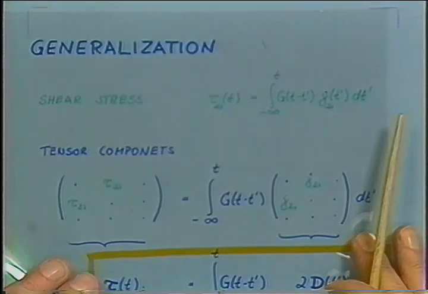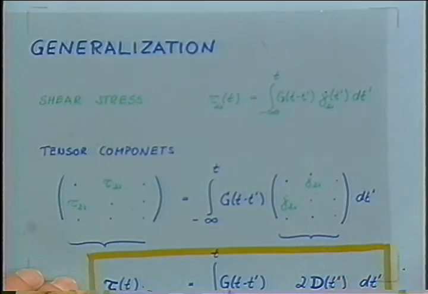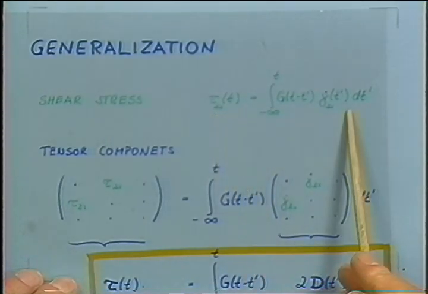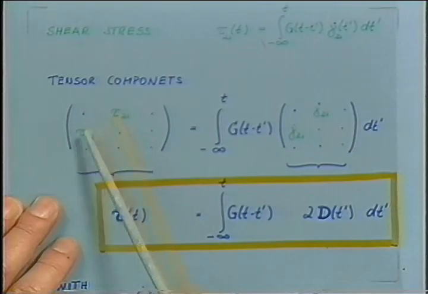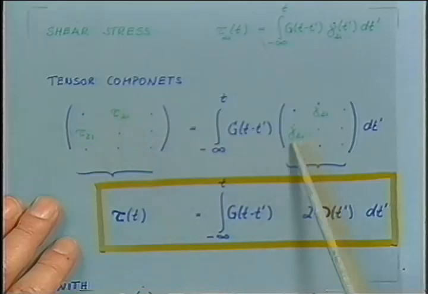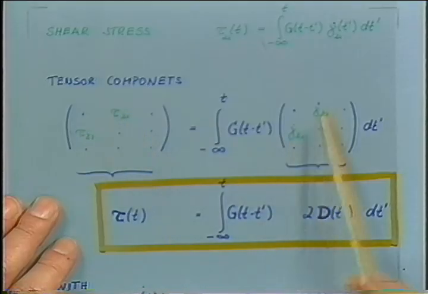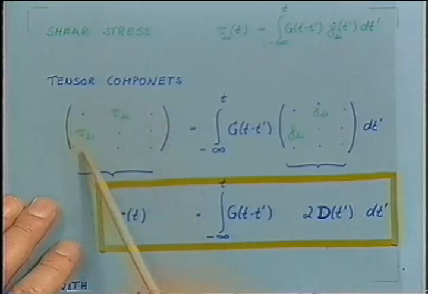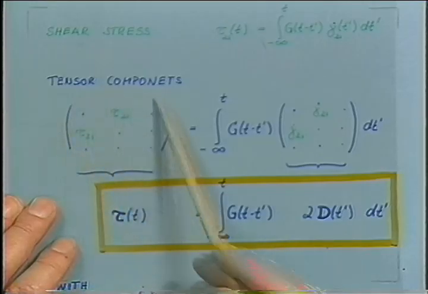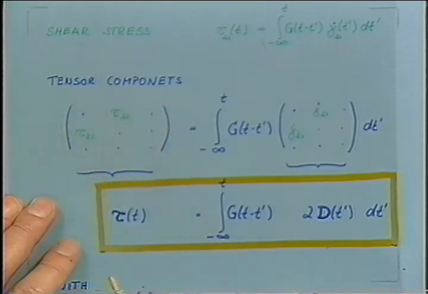You might see that green is not the best color, I realize. So this is the equation which we derived. And if we would look at tensor components, we would have the shear stress covered and the shear rate being covered here. And we haven't talked about any other components of the stress tensor. Okay? But you can see that in the general format, where everything is linear, we would derive relations for each of the stress components.